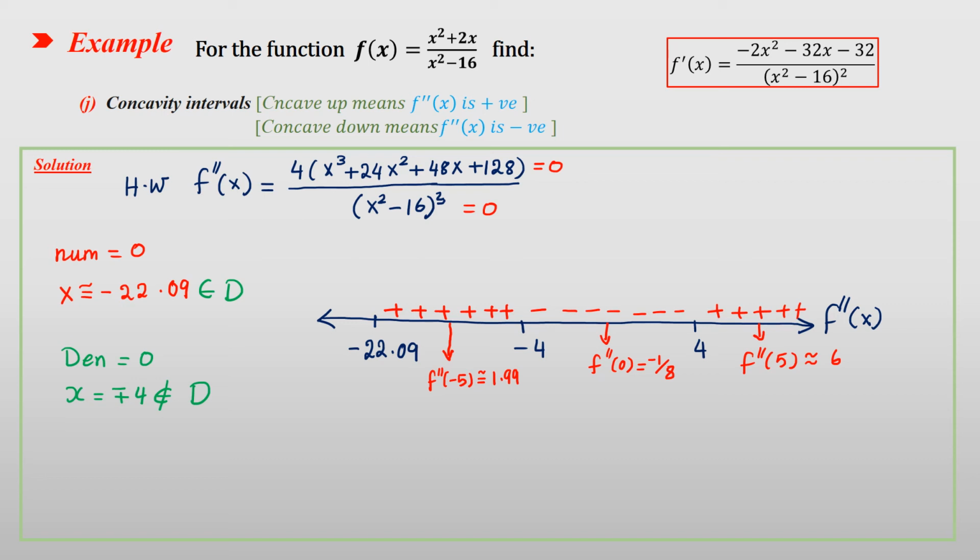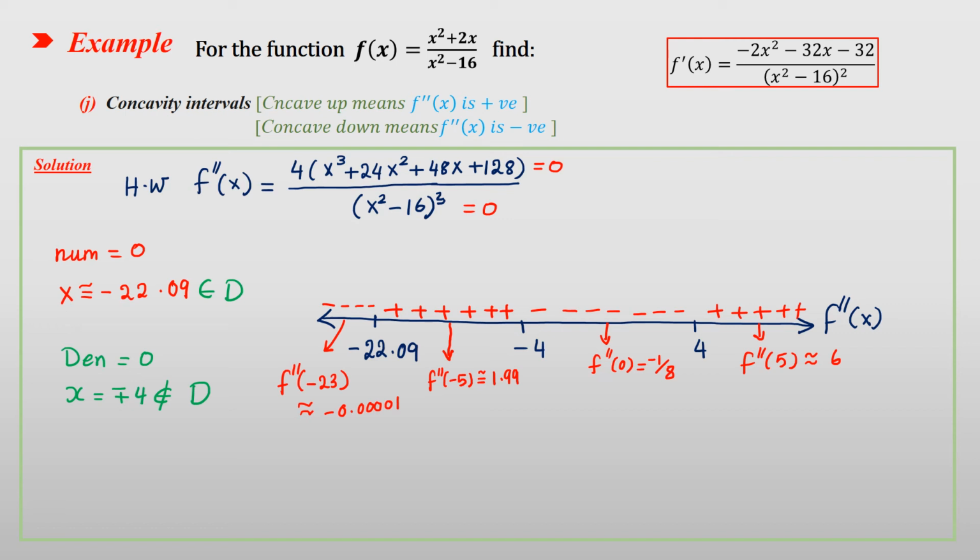And for the last interval here you can take negative 23 and find f double prime of negative 23, and approximately it equals negative 0.00001. So it is a negative number.